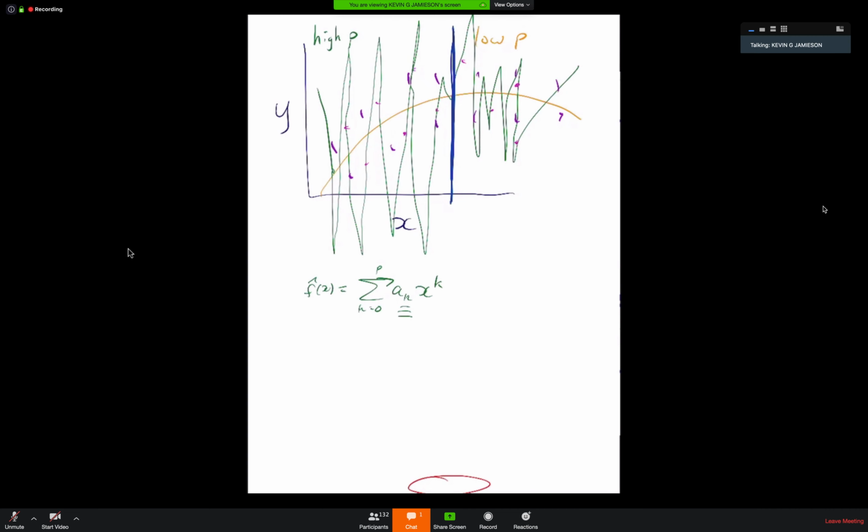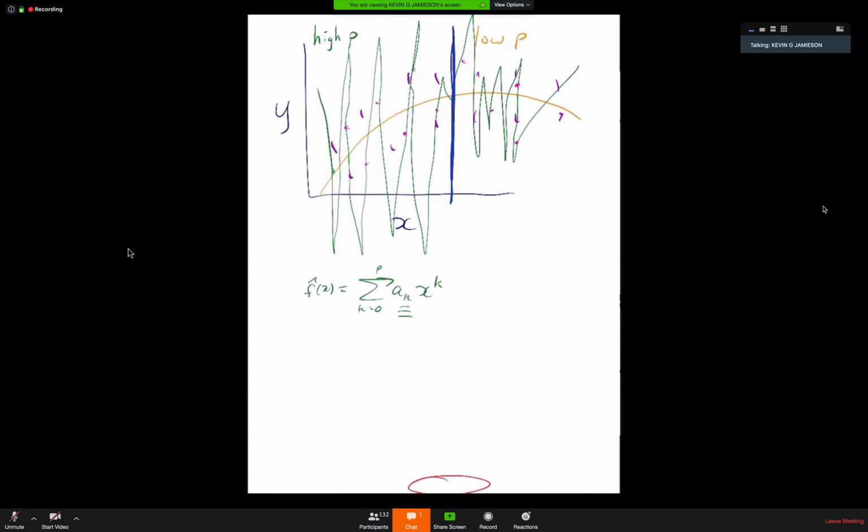Even though orange is a very low degree polynomial, it's closer to those purple points that I just added, this test set, than the green function, which was wildly off because it was trying to fit the training set so strongly that it didn't care about what the function value was doing away from the data set you saw to train.